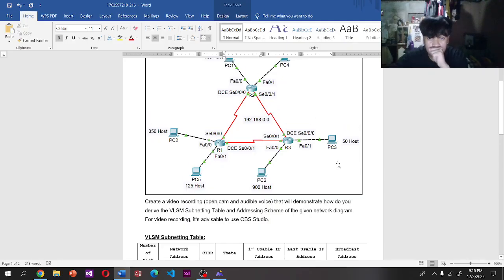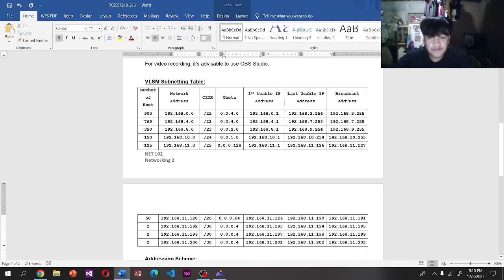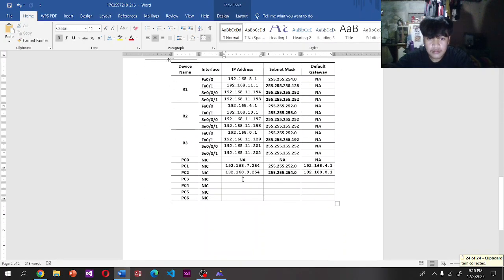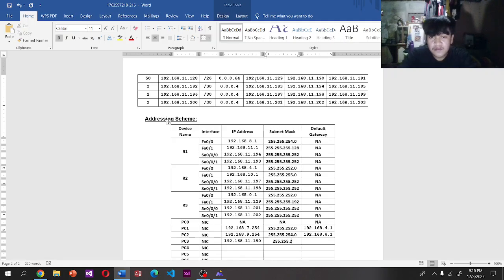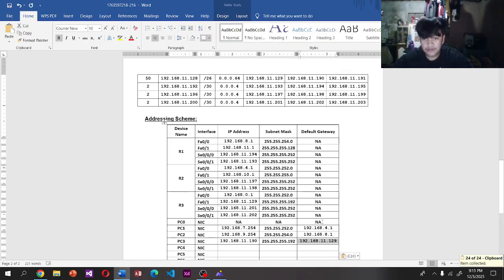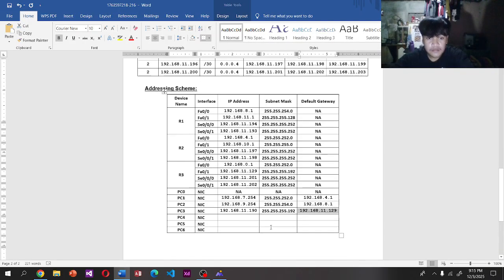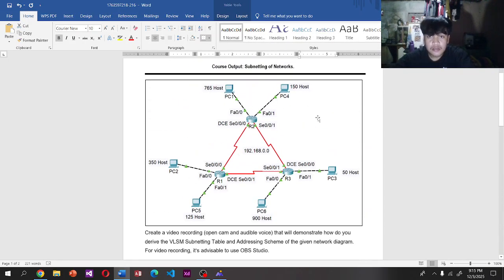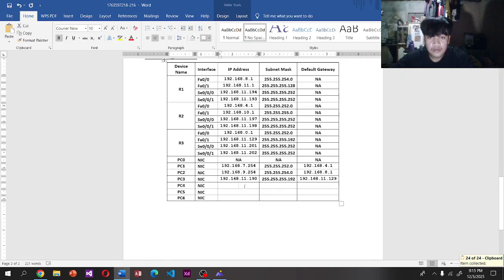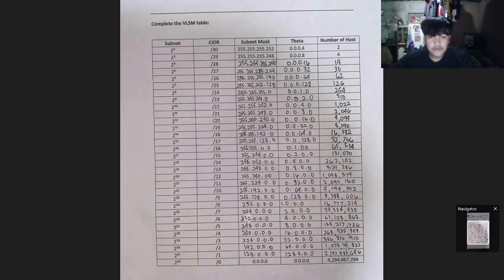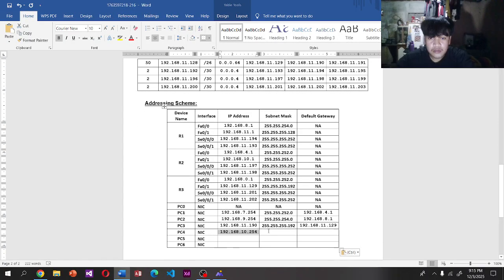PC3 has 50 hosts, mask 255.255.255.192. PC4 has 150 hosts, CIDR 24, mask 255.255.255.0.